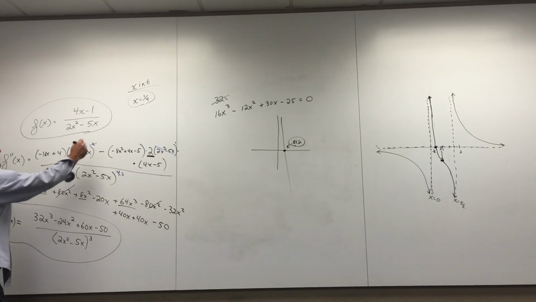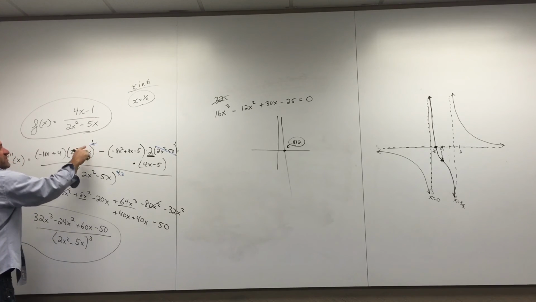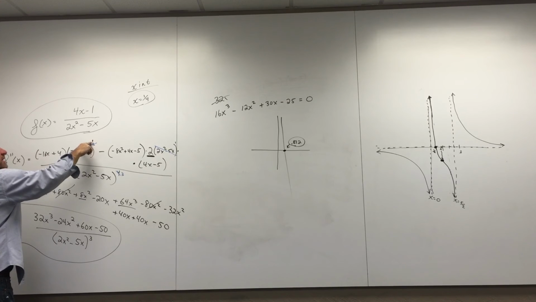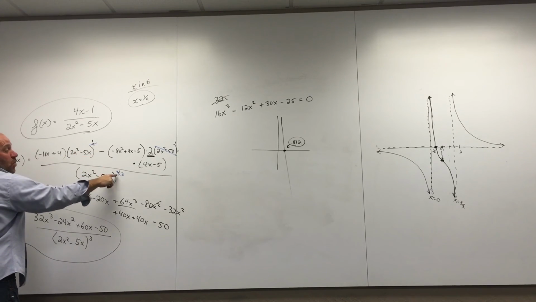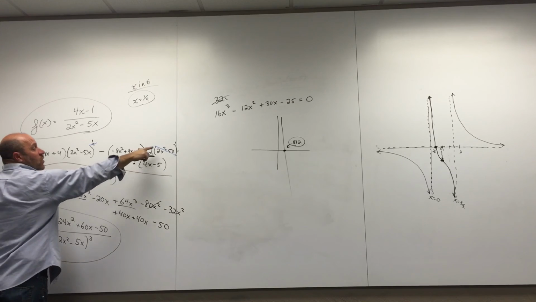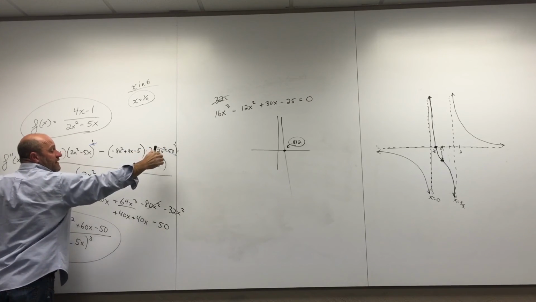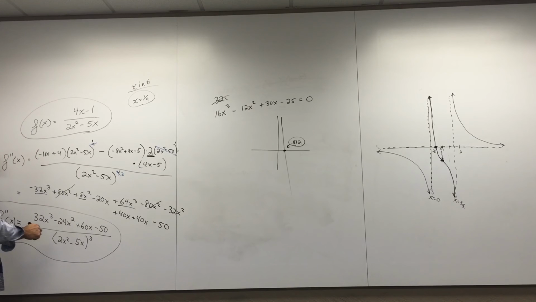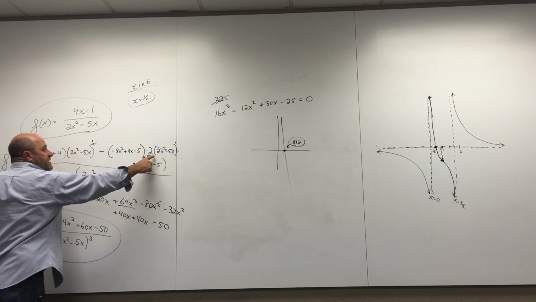Yeah, I just canceled one. Sorry, there's one here. I canceled one of these and left me one. But how were you able to cancel the one that was over there at the end? Yeah, because it's the same as the denominator.